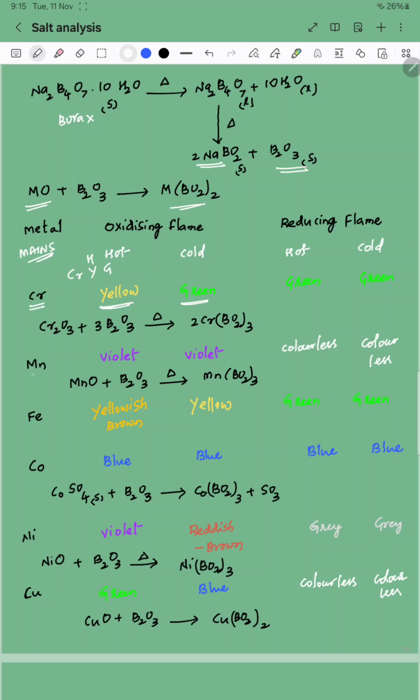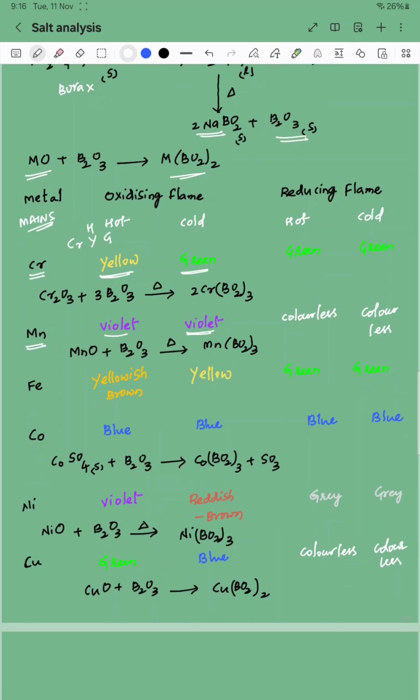Next, manganese, student: manganese violet, then no color in reducing flame. Manganese has no color in reducing flame, only violet color in oxidizing flame, both hot condition and cold condition, right?